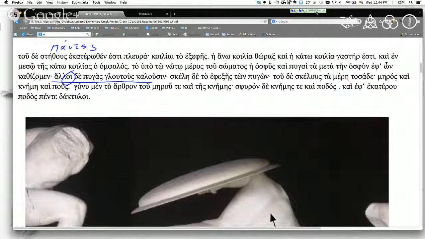Plural, nominative, and masculine. Arsenikos is the word for masculine. So others what?